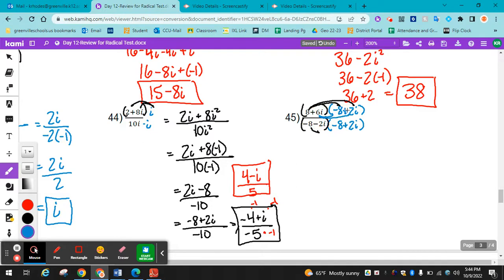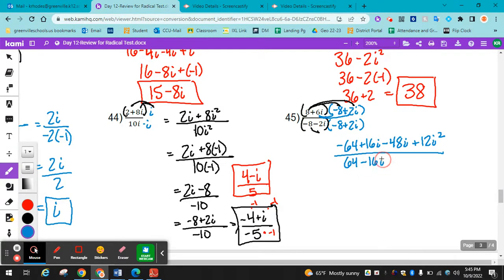Distribute, right? FOIL is the one acronym for it. First, outside, inside, last, whatever you want to call it. 8 times 8 is 64. 8 times 2 is 16i. 6 times 8 is negative 48i. 6 times 2 is 12i squared. That's top. Bottom. Positive 64.